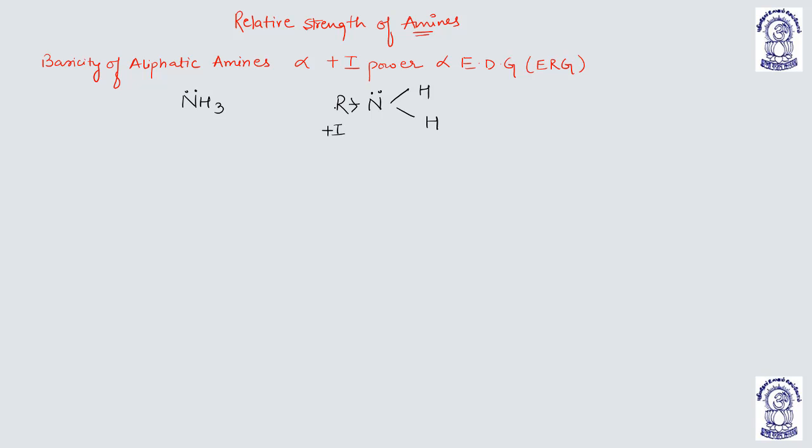So the R, the alkyl group, will increase the electron density on the nitrogen atom, thereby making it more susceptible to the attack of proton.